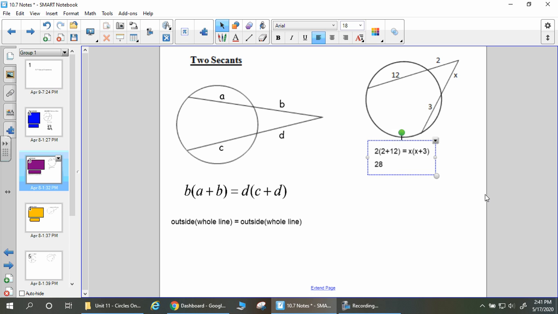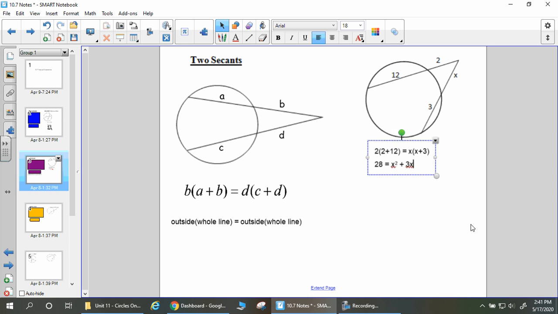And can you have one of those two lines in between here? Absolutely. On the other side, you are going to need to distribute that x. And so that's going to give me an x squared plus 3x.